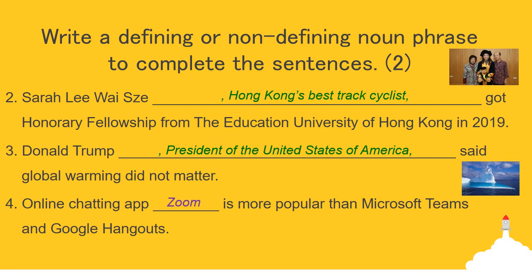Therefore, we put the name of the app, that is Zoom, right after it. And here you may wonder why Zoom is all right or correct here, even though it is not a noun phrase. Because in real life or in usage, we don't always write noun phrases. Sometimes, if a noun is good enough, we will just write a noun instead.